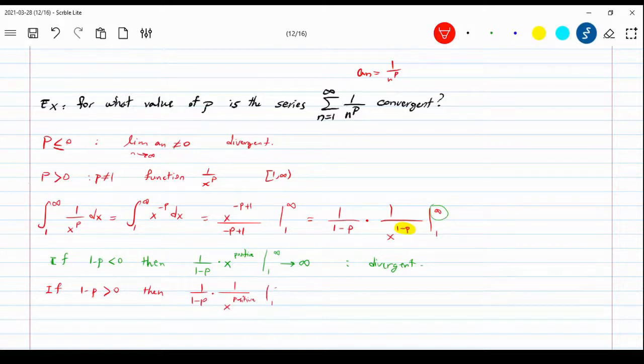Then evaluating from 1 to infinity, this would approach 1 divided by 1 minus p, because this term would be 0 when evaluated at infinity, and it would be 1 if you evaluated at 1. So when you subtract, this would be the result, which in that case means it would be convergent.